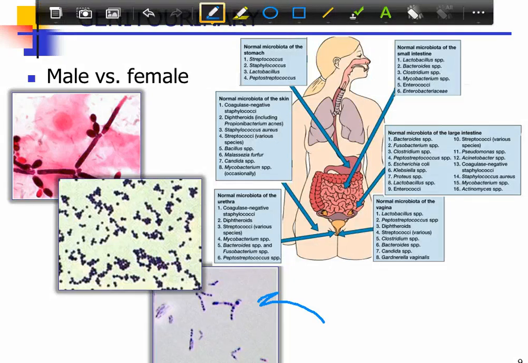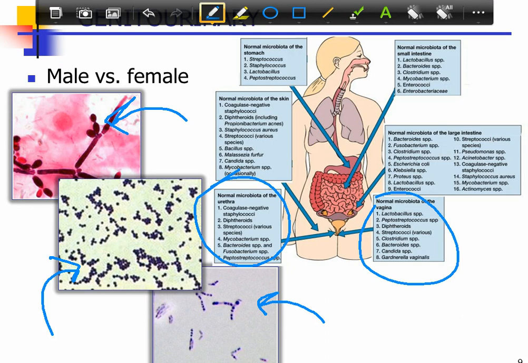Here's Corynebacterium again. Here's Staphylococcus. And here's Candida yeast. And you'll notice, looking at the area of the urethra, here's the urethra, here's the vagina, that again there are a lot of bacteria here, many of which are found in both areas.